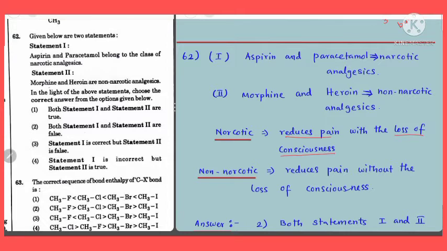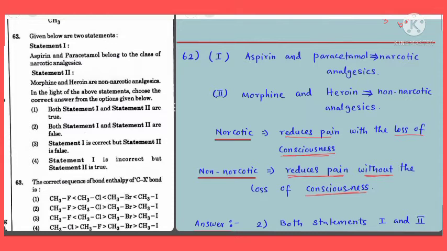A narcotic analgesic reduces pain with loss of consciousness. Non-narcotic also reduces pain, but without affecting the consciousness. Both are reducing pain.